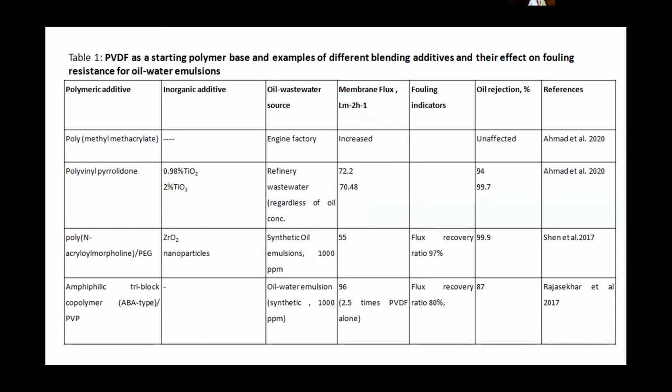For example, the amphiphilic tri-block copolymer, when used with PVP, is used for synthetic oil-water emulsion with 100,000 ppm concentration.